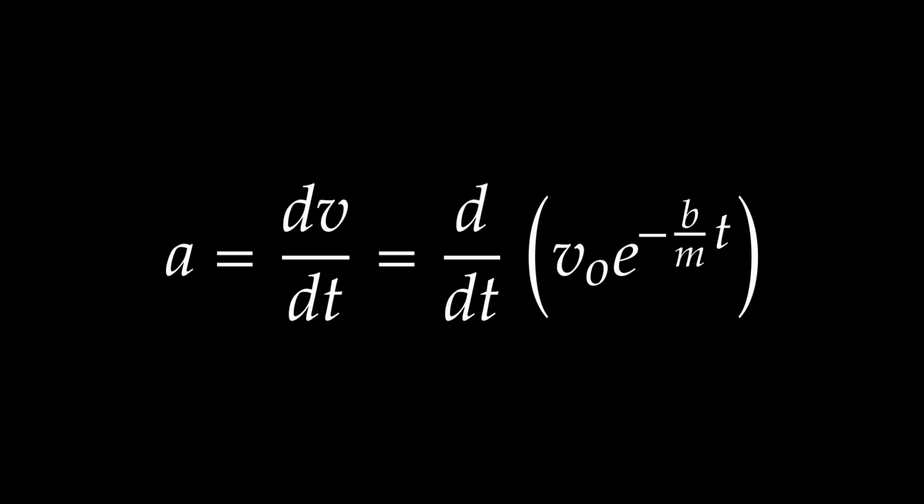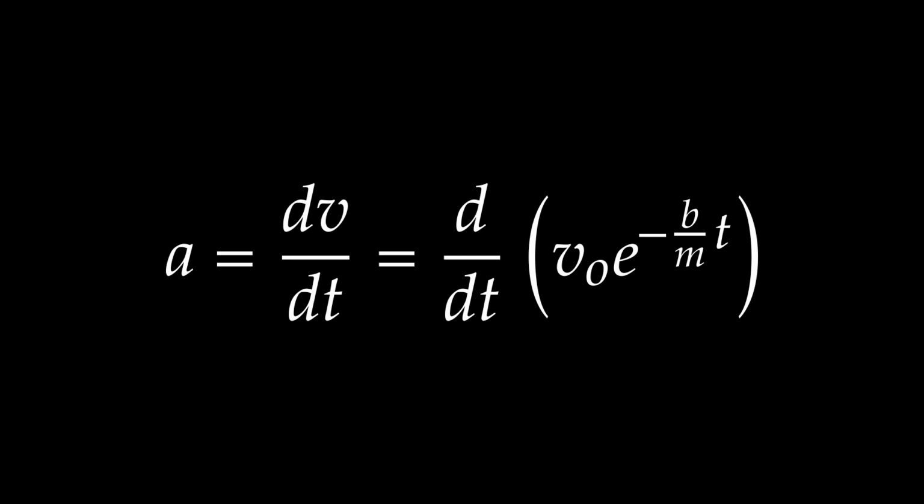This is V0 times the derivative with respect to time of e to the minus b over m times t, where I'm thinking about my derivative here as an operator that chews on that thing and gives me the result.